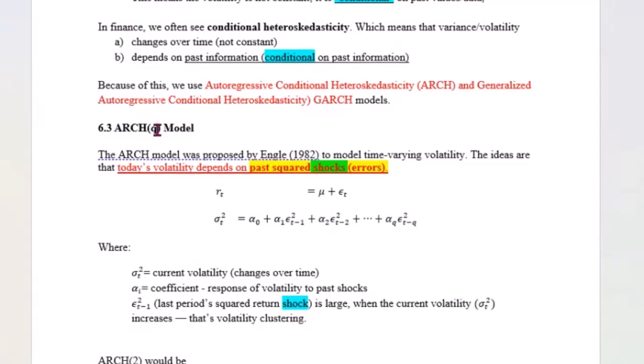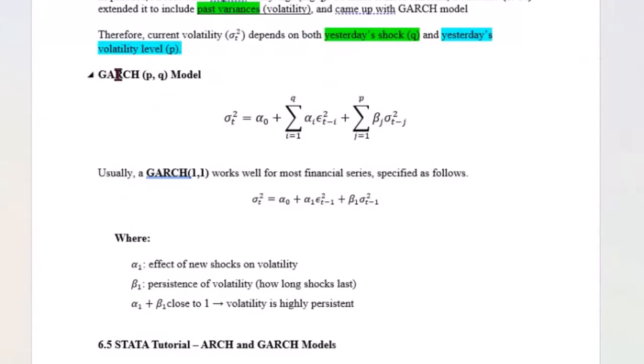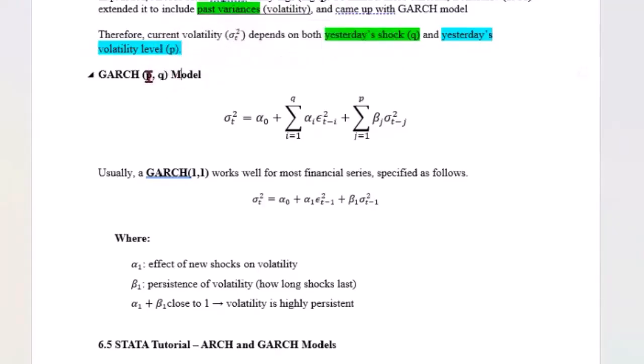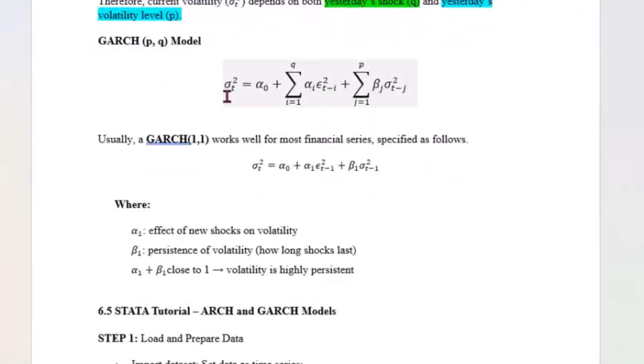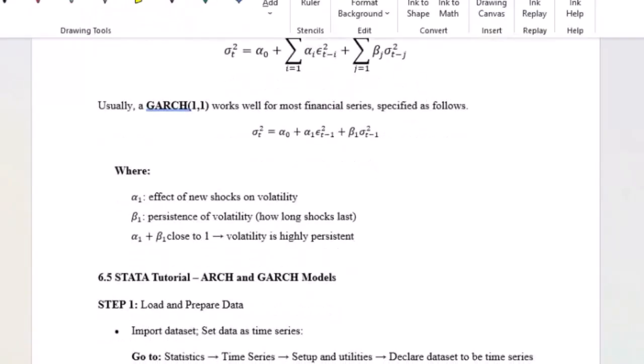When we introduce G to become GARCH, we also introduced another thing called P. So in this GARCH model, we have GARCH(P,Q). This Q is very similar to what we had in our ARCH model, but now we have introduced P, and this P represents past variance or past volatility. And the representation of the model is simply like this.